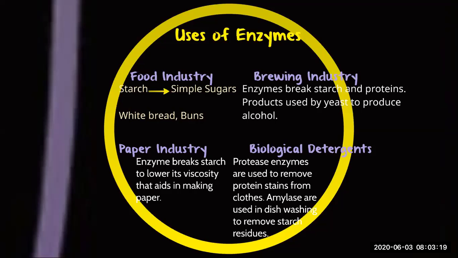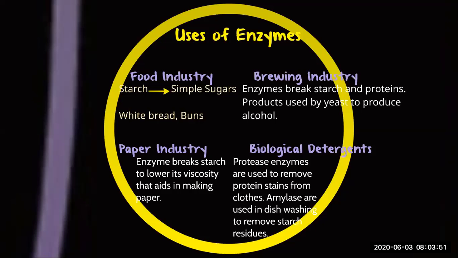In the food industry, enzymes are used to convert starch into simple sugar. Starch is a polymer, a polysaccharide, converted into simple sugars, which can be used in making white bread and buns. In the brewing industry, where we make alcohol, enzymes break starch and proteins into smaller compounds, smaller carbohydrates and amino acids.